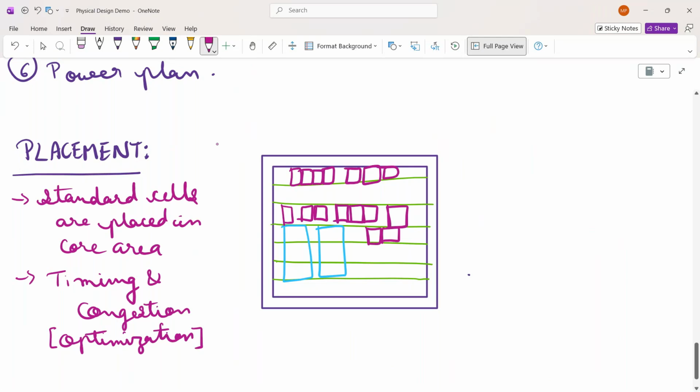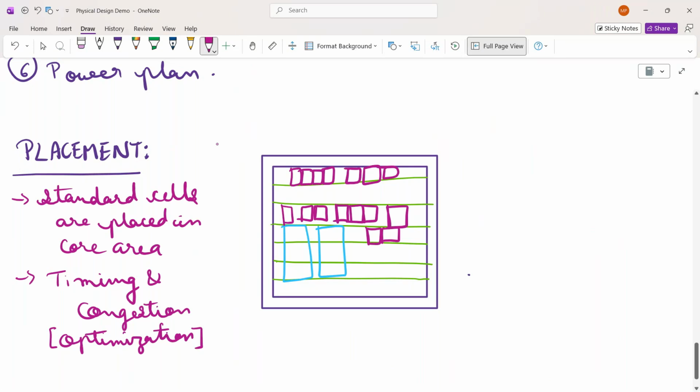The runtime of placement for our 52,000 cells is 1.5 hours to 2 hours. In industries, you may have bigger designs, so 36 hours, 24 hours. Here we want to learn, so we don't want that big a runtime. Otherwise, how will you learn?